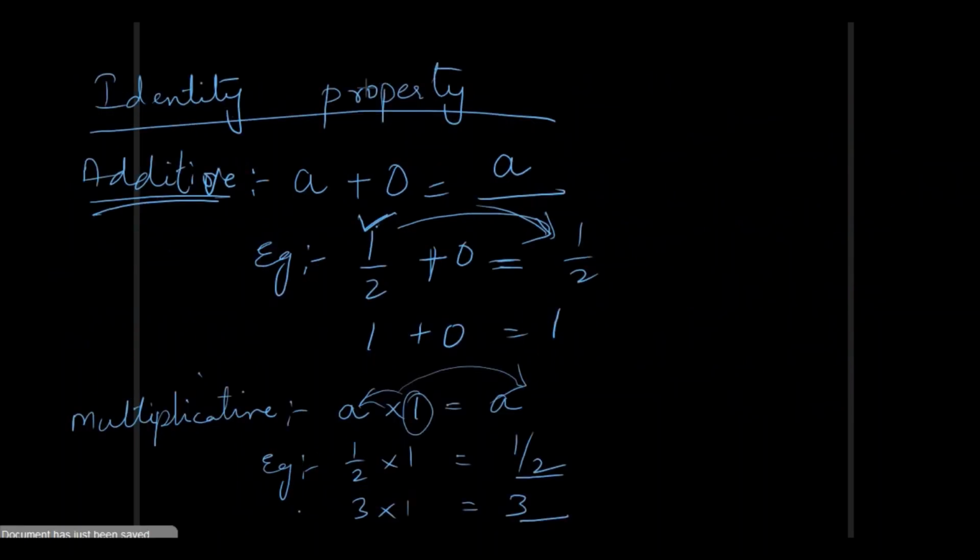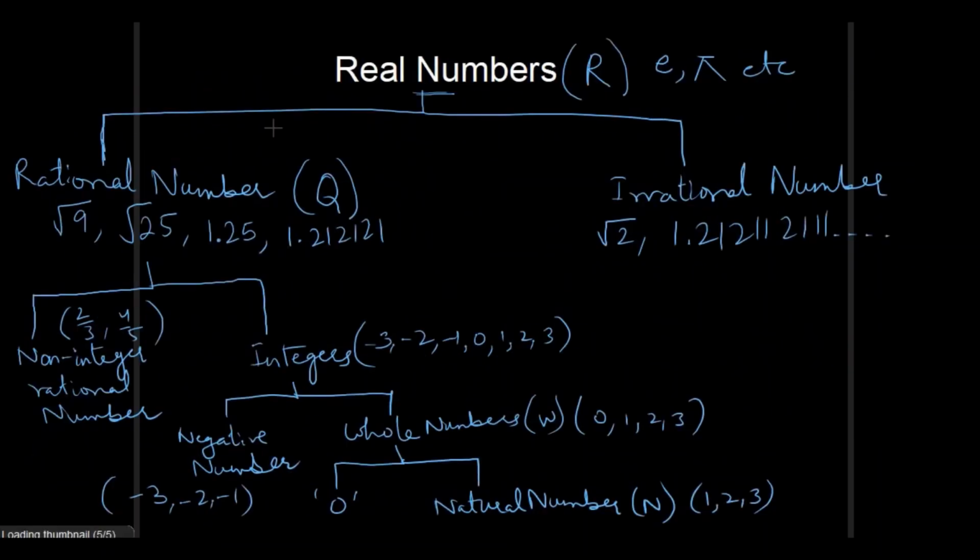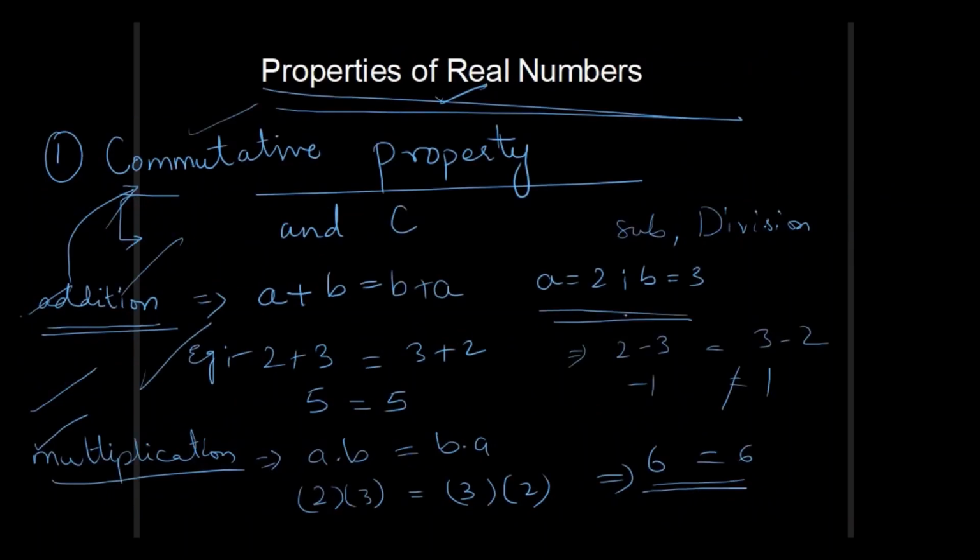And in the identity property, for the additive identity, if you add 0, they'll give you the same number. For multiplication, again if you multiply with 1, they'll give you the same number. I hope you have understood the properties of rational numbers in the detailed explanation.